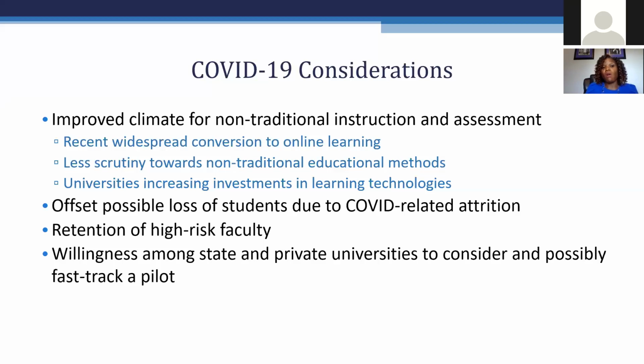And with all of these things, the COVID pandemic, possibilities of attrition, the need to retain high quality faculty, it creates a willingness among both state and private universities to consider, and even possibly in some cases fast track, a pilot to explore the viability of this at respective institutions.